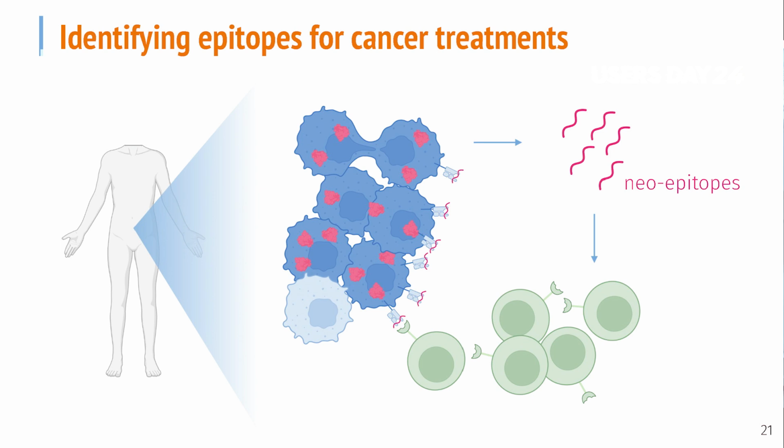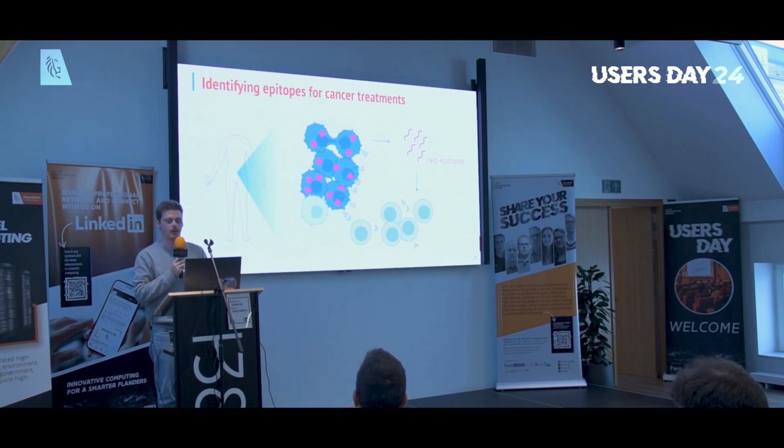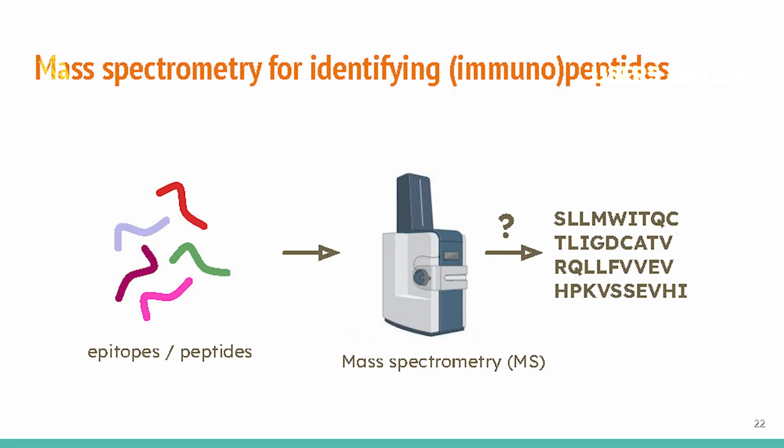But as you know, often in cancer this is not enough. Our immune system cannot kill the cancer quickly enough, and we can help the immune system by identifying which of these neoepitopes, as they are called, are presented to the immune system, and in this way we can give the immune system a boost to actually kill the cancer.